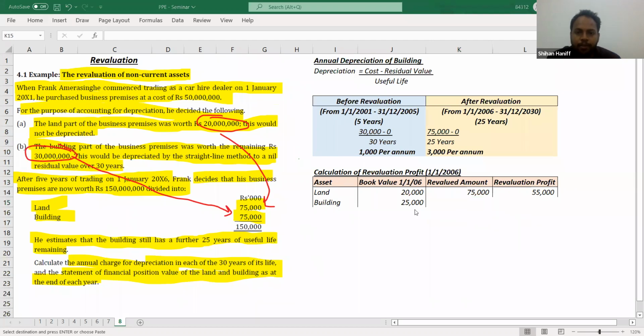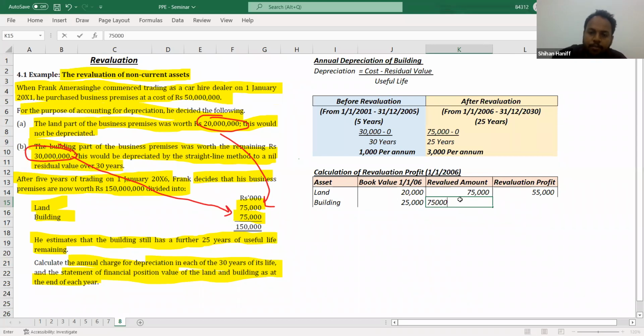I am saying 5 years because we need to find out book value for 1st of January 2006. This was purchased on 1st of January 2001, so there is 5 years depreciation. That is why we calculated depreciation for 5 years, because the revaluation was done after 5 years.